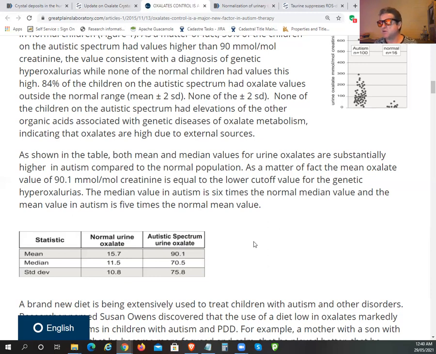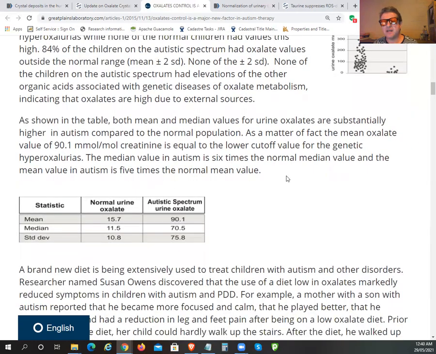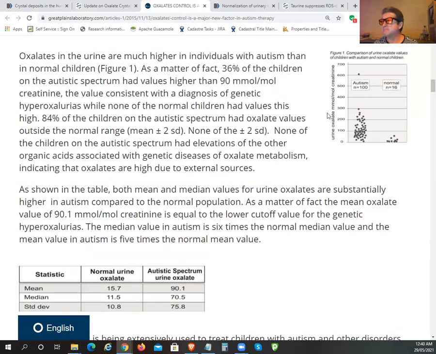But here we've got autism spectrum urine oxalates. That means we're measuring urine and we're looking at oxalates in kids without autism, kids with autism. Seems like the plant-based diet really is problematic. If you're on a plant-based diet.